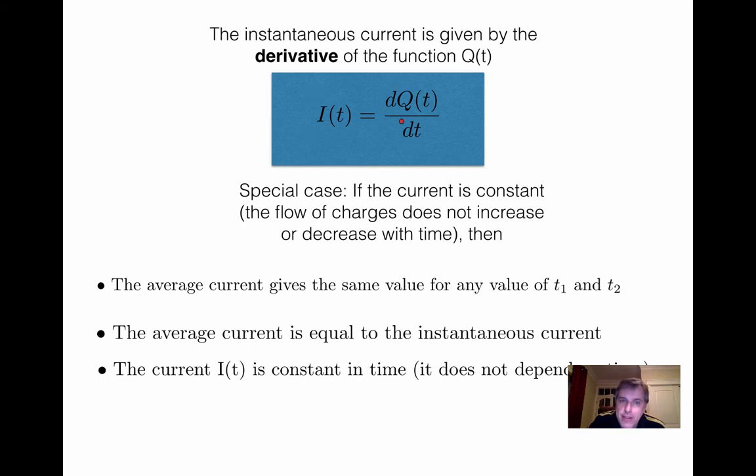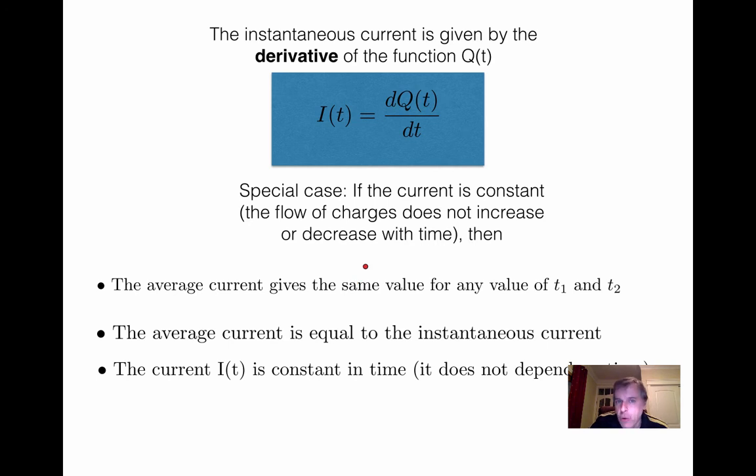Once you differentiate q of t, you get a pure number, like 5 or 6. What I mean is that there's no time dependence: no powers of t, t squared, t cubed, 1 over t, log of t, sine of t, anything. It's just a pure number. That's when the current is constant.